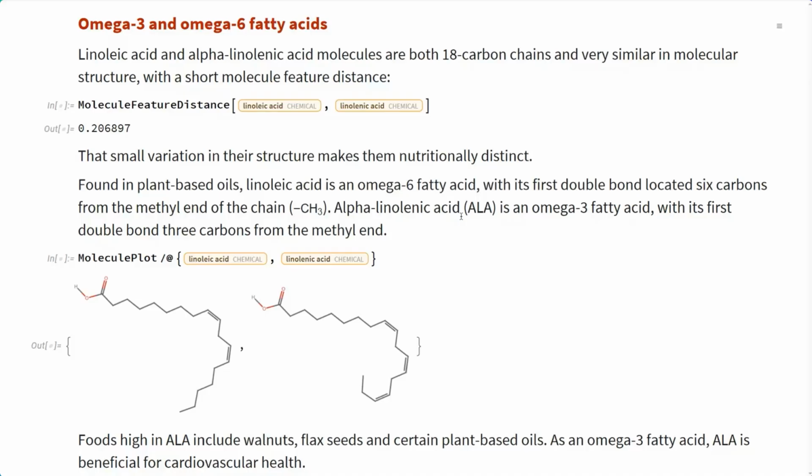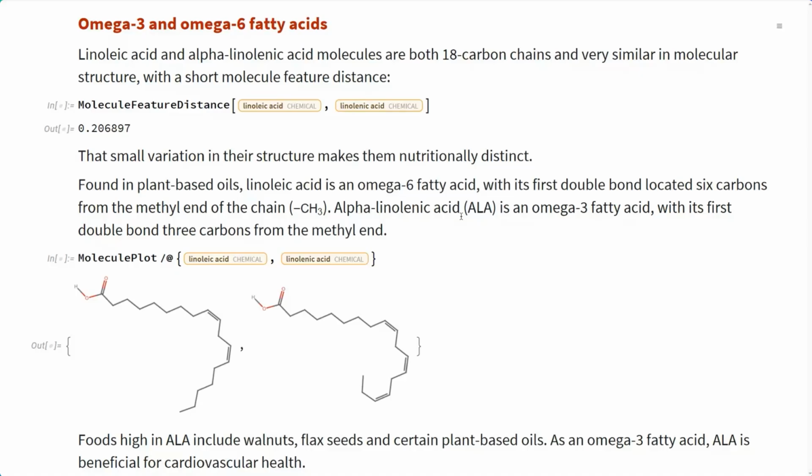So I think that's fascinating, to see why they're called omega-3 and omega-6, which we hear a lot in the news. Foods high in ALA are walnuts and flax seeds, and a lot of those omega-3 fatty acids are quite beneficial, as we know, for our cardiovascular health.